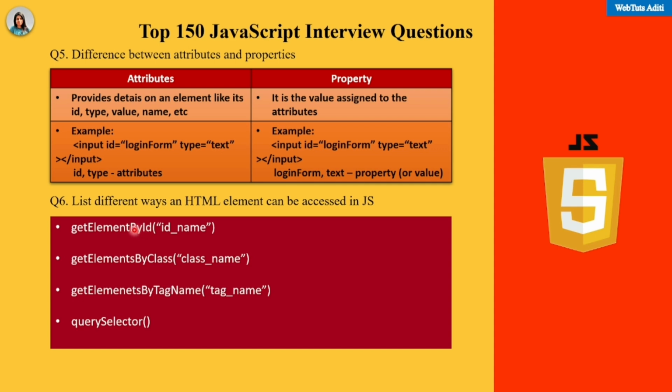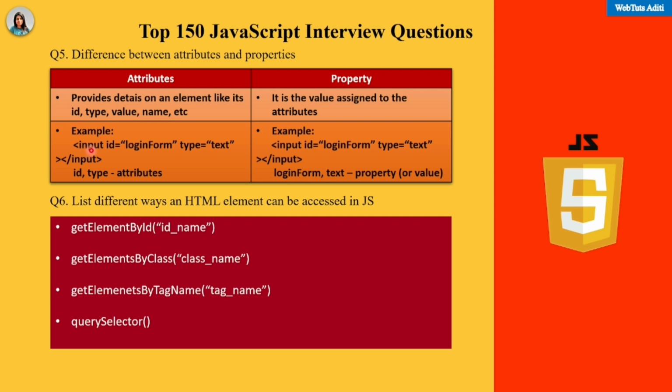In the second method, getElementsByClassName, whichever elements have the class name, like suppose I have 2 input tags with the same class name, then it will return all the input tags having the class name given inside these quotes. And the third one you can see, getElementsByTagName. It is the same, using the tag name.